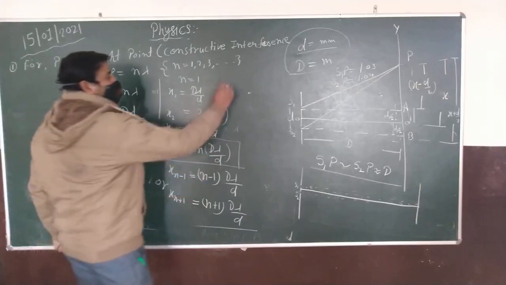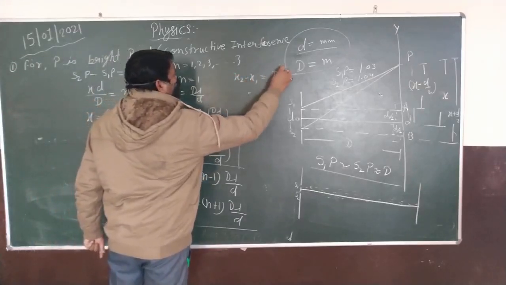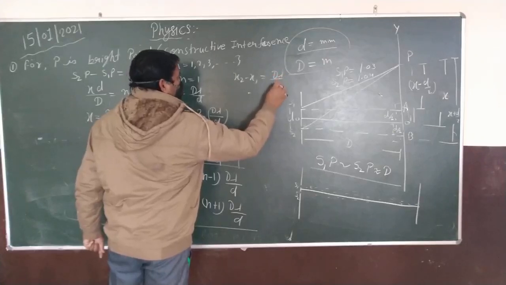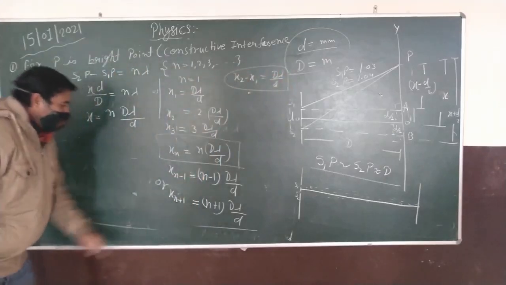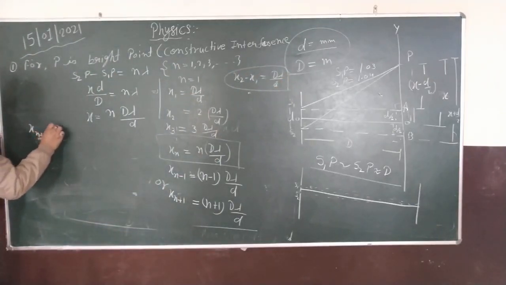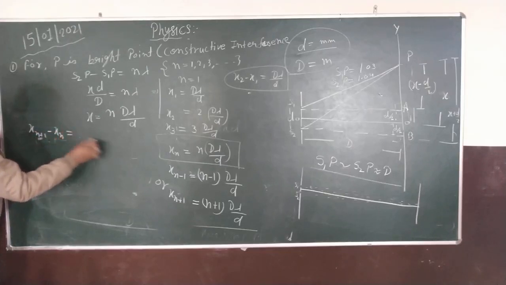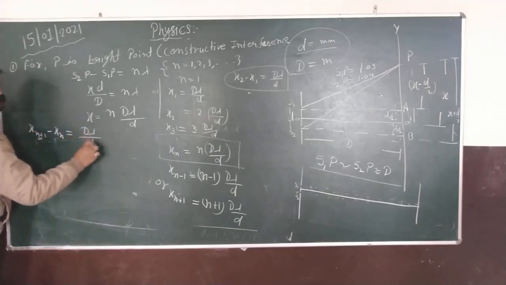Now what is the difference between x2 and x1, and x3 and x1? You will get x2 minus x1 is equal to D lambda by d only. On solving, you will get x(n plus 1) minus xn is equal to D lambda by d.